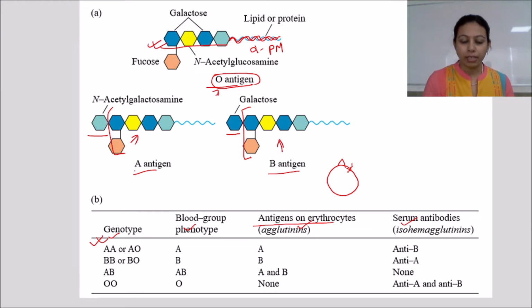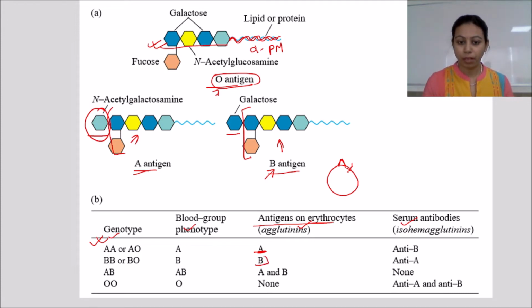Now this A antigen, what is it presenting? This is the A antigen present on the surface of the A blood group. It has an addition of N-acetylgalactosamine, which will act as a foreign particle for the B group people. When this N-acetylgalactosamine is transfused to blood group B, what will happen?